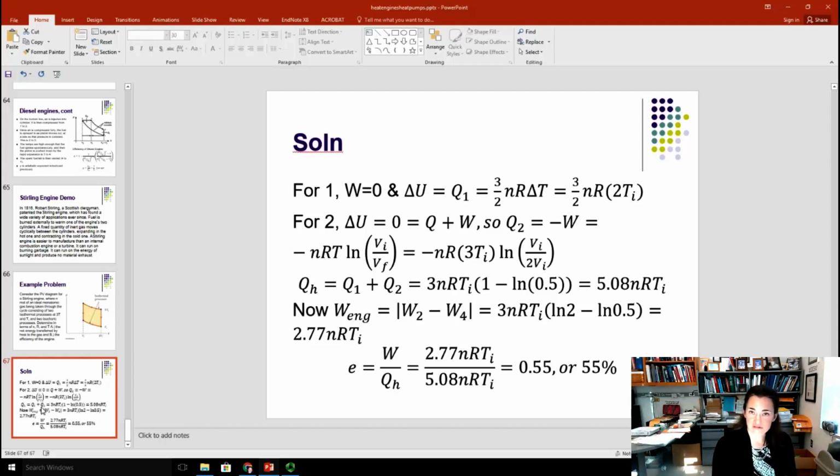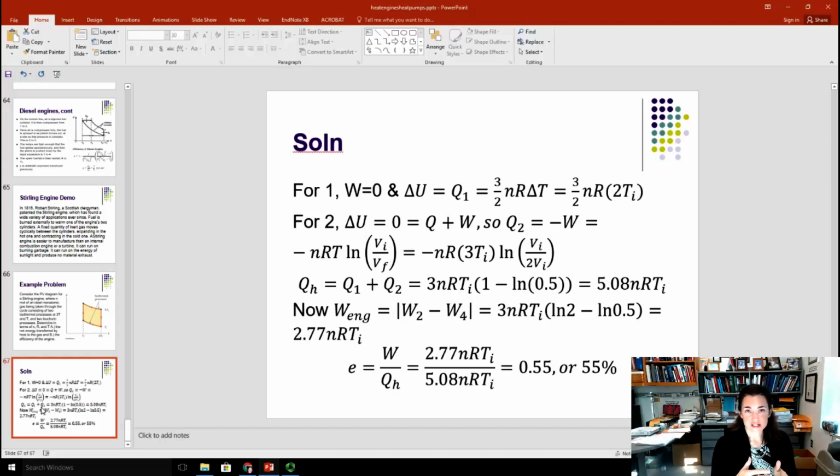So I'm plugging in for that. The 1/2s and the 2s come from the fact that the ratio of the initial and the final volumes will be either 2 or 1/2, depending on which way you're going, because the volume goes from Vi to 2Vi or vice versa. So plugging in for that, I get 3 nRTi times the natural log of 2 minus the natural log of 1/2. I get 2.77 nRTi for my work.